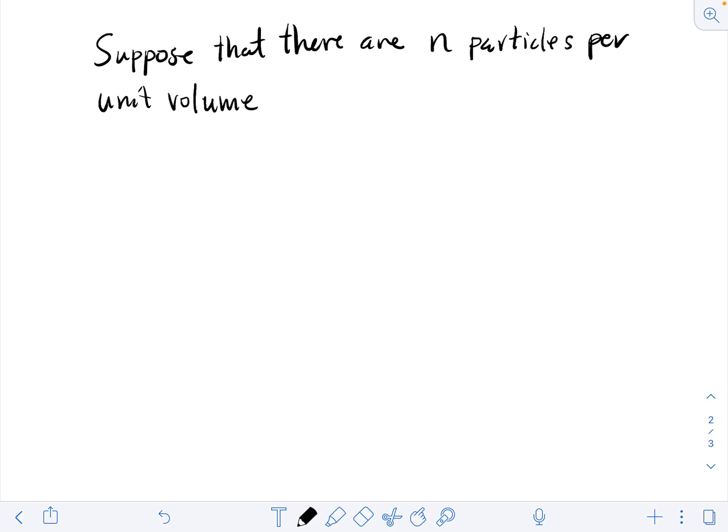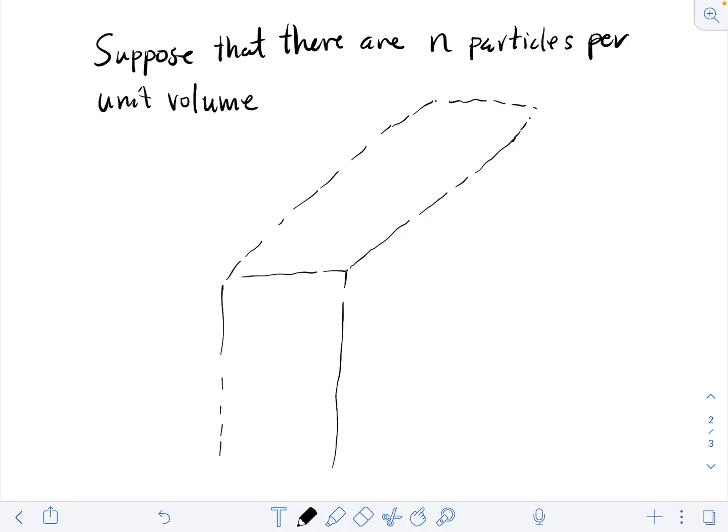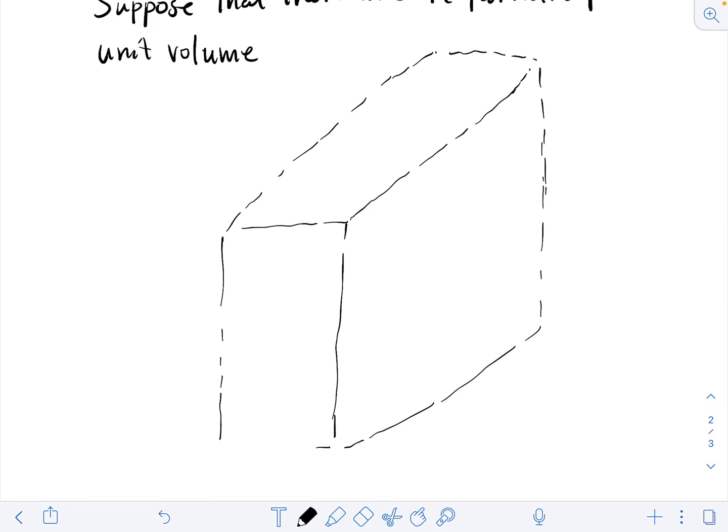Okay, so I'm going to try to draw a certain volume here, and we'll make this look something like that. Can maybe improve this slightly.